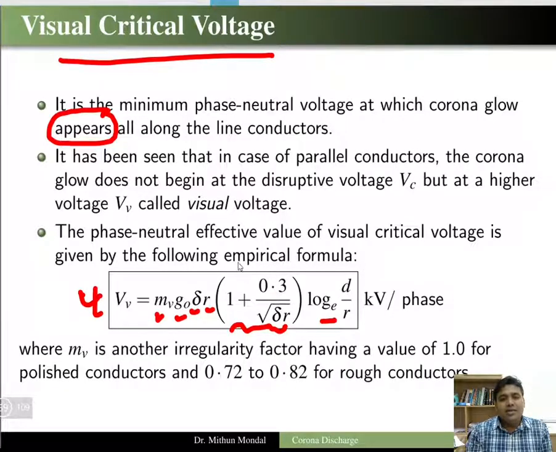This is an empirical formula, and mv is again the irregularity factor, which is 1 for polished conductors, and for different rough conductors you can take a value of 0.72 to 0.82.